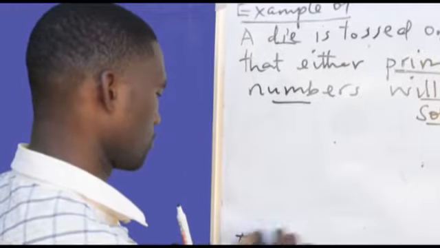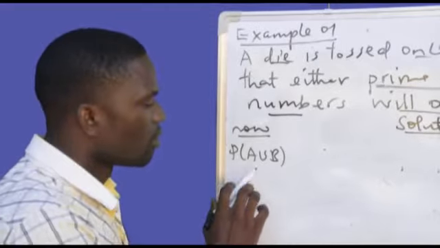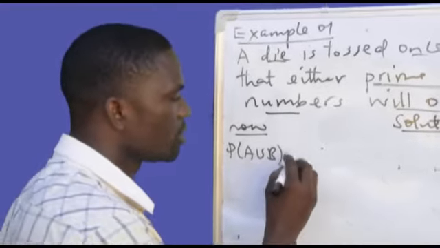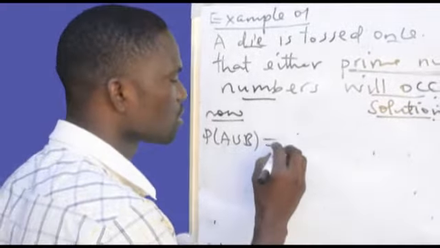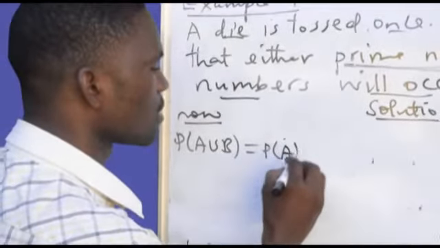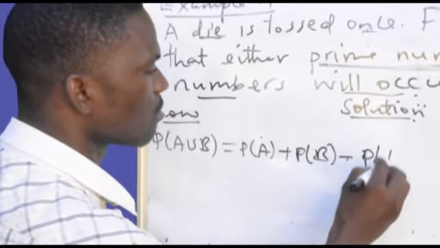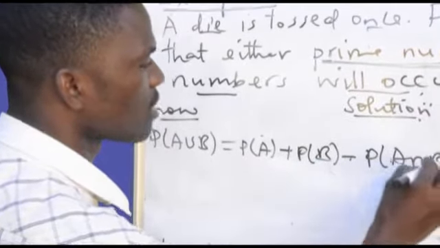So now the probability of A union B equals probability of A plus probability of B minus probability of A intersection B.